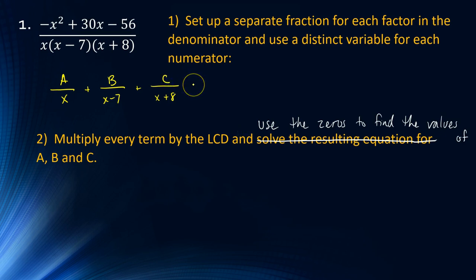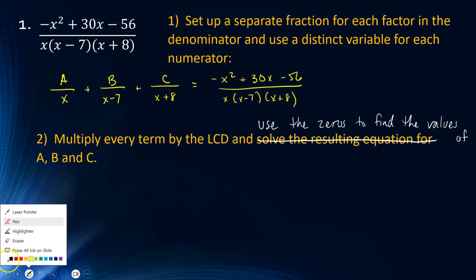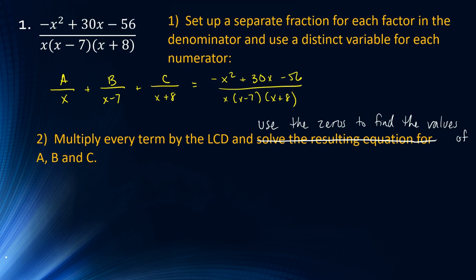We'll give that a new distinct numerator, and we'll call that C. If we were to add those together, that would equal our original fraction, negative x squared plus 30x minus 56 in the numerator over x times x minus 7 times x plus 8. So that's your first step.